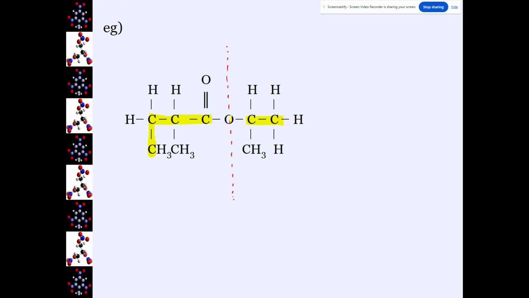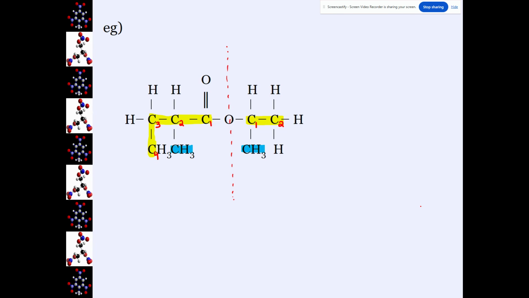It's like you have to start at the O and go outwards. The O obviously doesn't count as a carbon, but you have to start like that on each side. Okay, so that means this is a branch and this is a branch on the alcohol side. So if I were to number this, again, I start at the first carbon bonded to the oxygen in the middle and go outward on both sides.